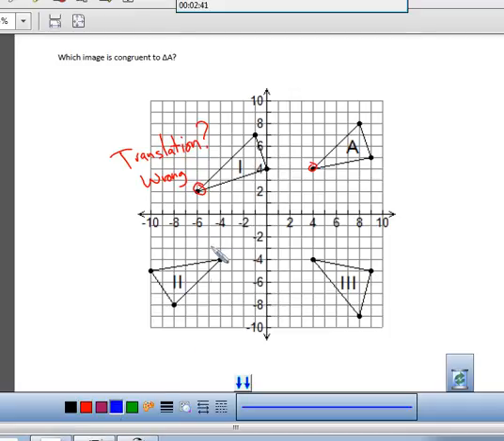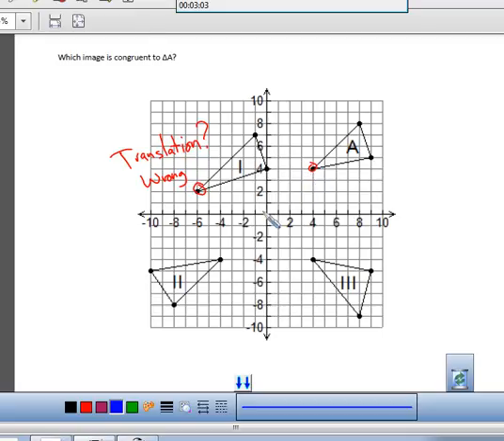Okay, let me switch up the color here. Now I'm going to use blue. Looking at the image with 2 eyes, and I'm trying to figure out, okay, how did this get over here? And it looks like it's a turn, like it's a rotation. And if it rotated 180 degrees, which it looks like it might have, then the XY would become the opposite of the original point, so it'd be -x, -y.